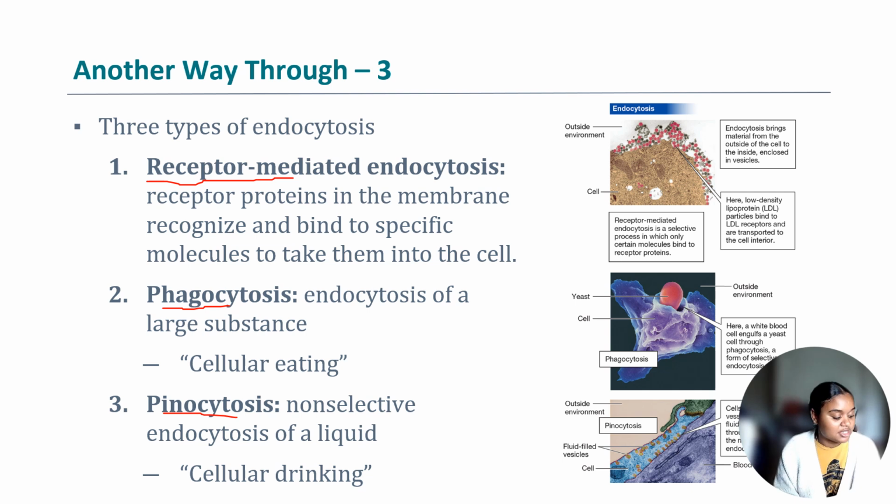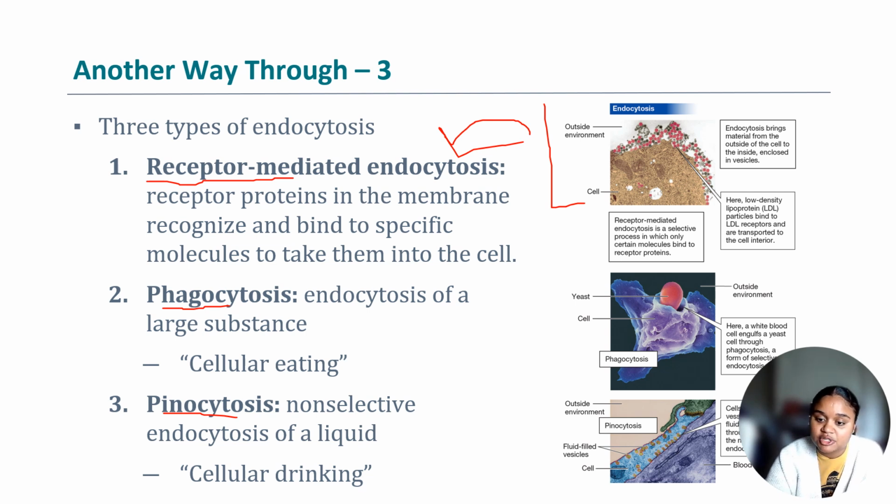I'm probably going to put that on the test. And then I might ask, what's an example of receptor-mediated endocytosis? Here it is, LDL. This diagram is from the textbook on page 74: low-density lipoproteins bind to the receptors and are transported into the cell. So that's an example of receptor-mediated.